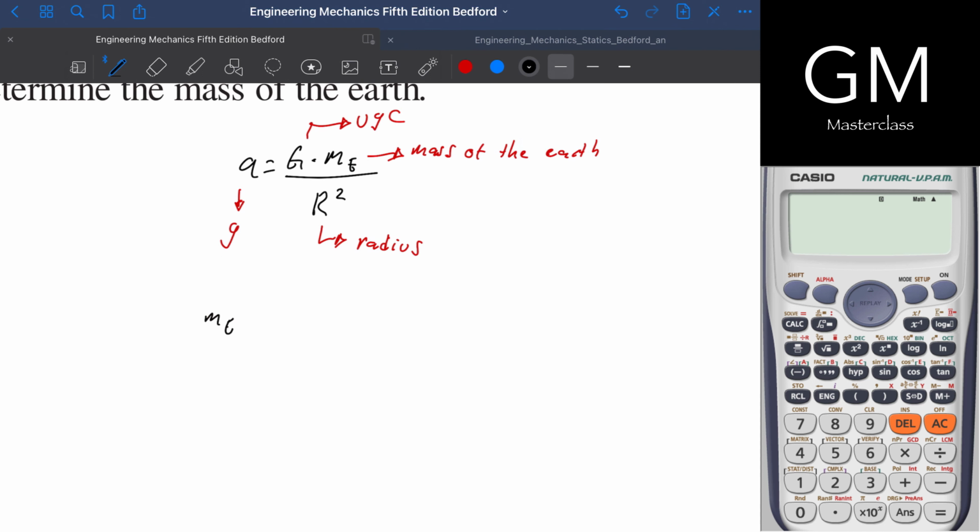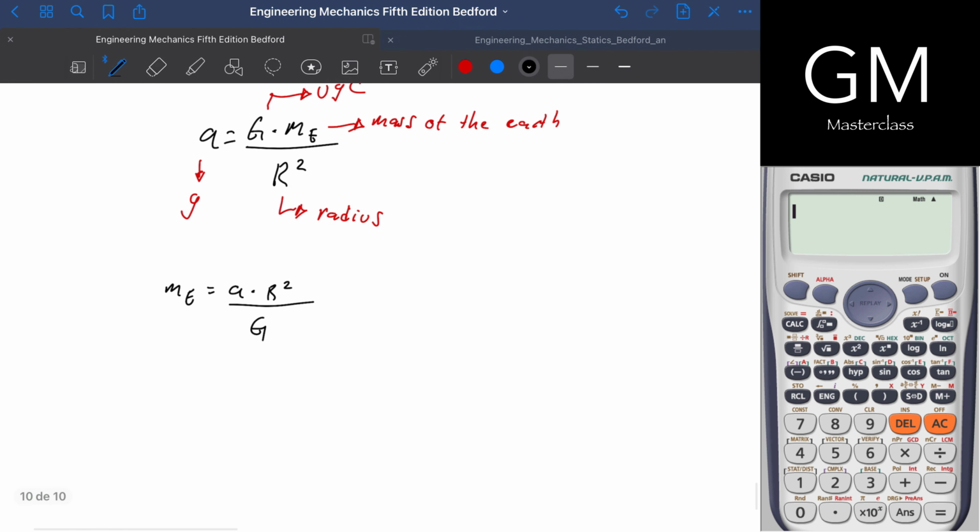So m(e) is equal to a multiplied by r to the second power divided by G. Here I have the 9.81 meters per square second multiplied by r, which is the 6,370 kilometers, or the same thing as 6,370 times 10 to the third power meters, divided by G, which is 6.67 times 10 to the minus 11.